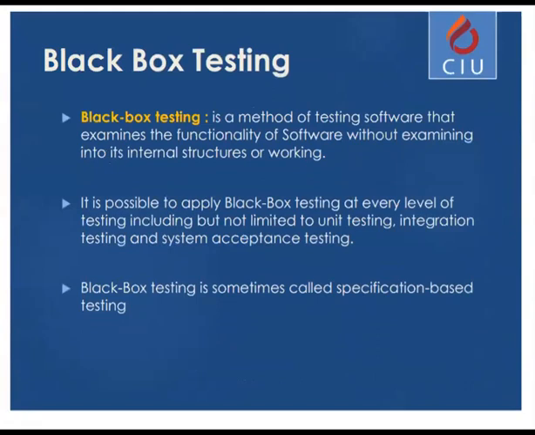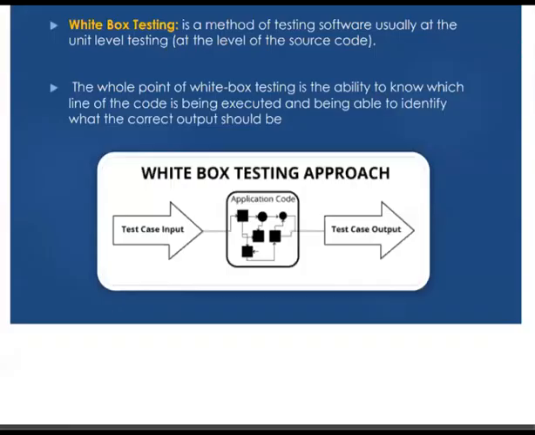Black box testing is a method of testing software where the functionality of the software is now working, and it is possible for the user base to test the system as a whole. The most important part here is that every level of testing, not limited to unit testing, integration testing, or system acceptance testing, should be tested. You are not testing all those categories separately now.